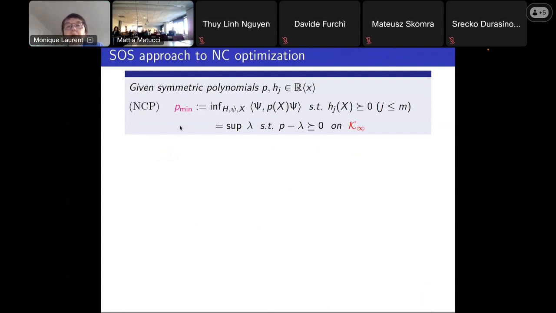But okay, so now let's go to defining the hierarchy. Here I've recalled the non-commutative optimization problem. We want to optimize this subject to the constraints. In other words, this is a reformulation.